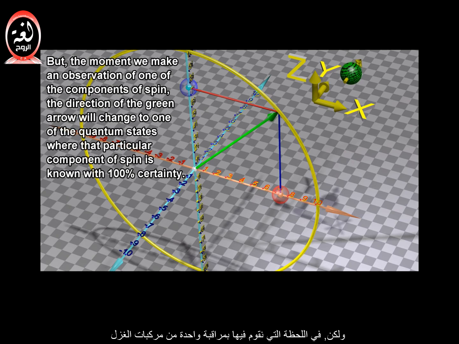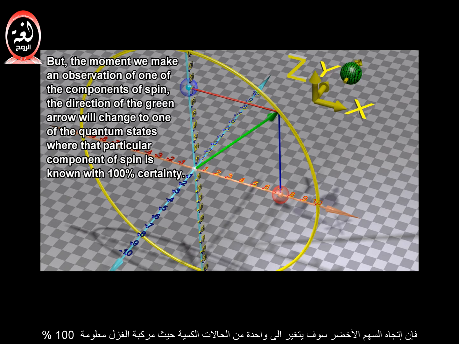But the moment we make an observation of one of the components of spin, the direction of the green arrow will change to one of the quantum states where that particular component of spin is known with 100% certainty.